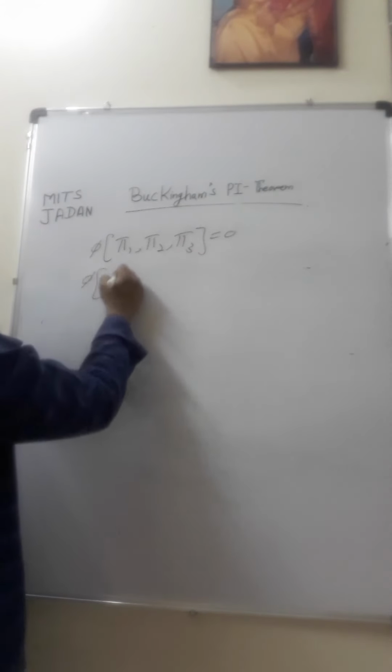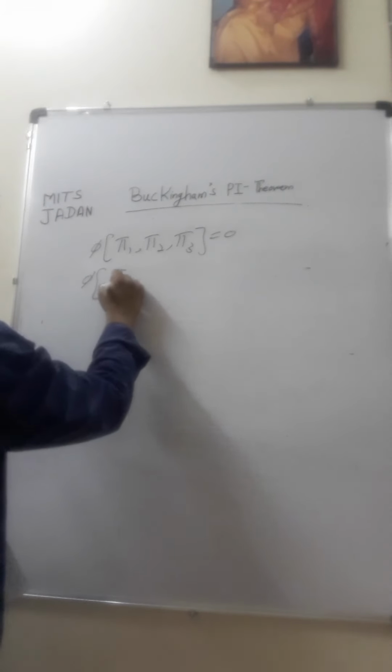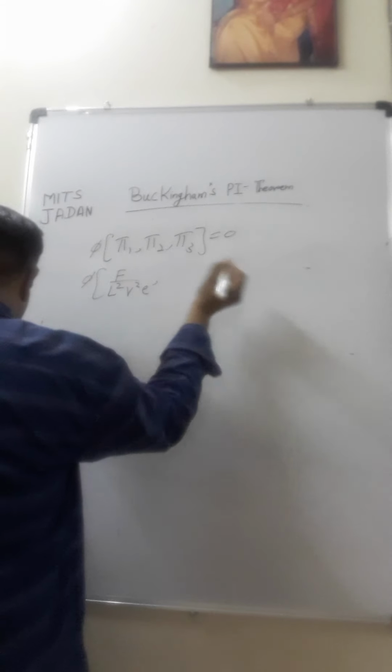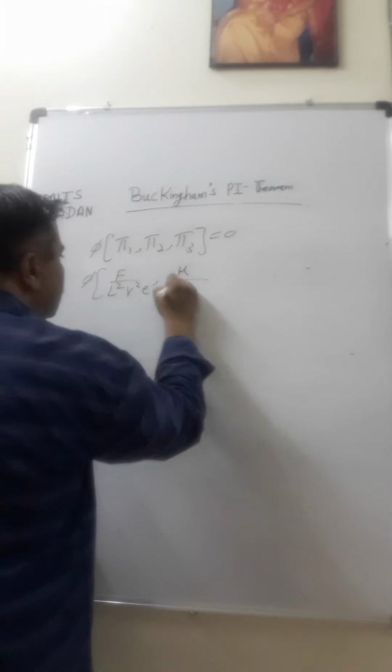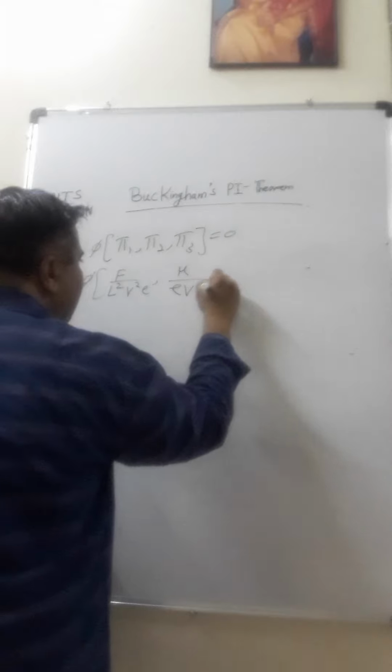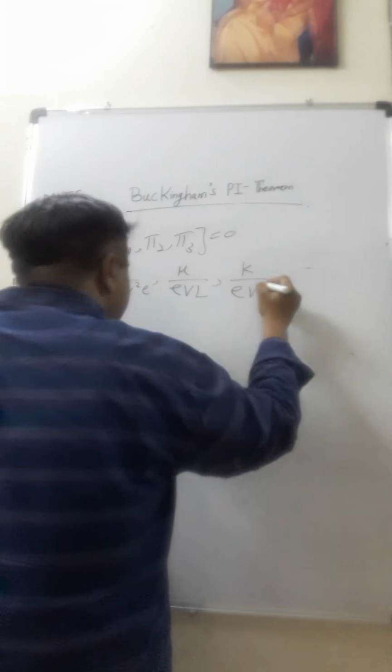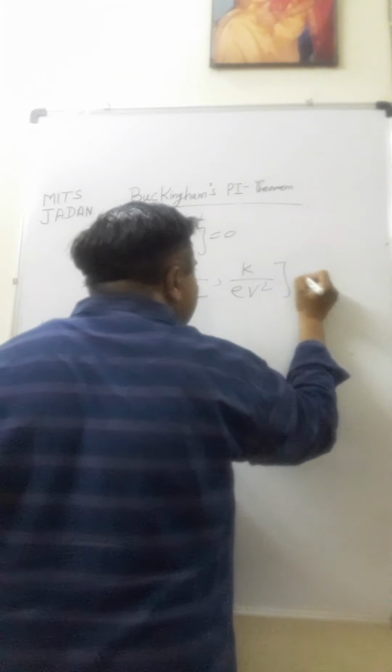This was our equation number 2. So now I am replacing here, it is F upon L square V square rho, comma, mu by rho V L, comma, K upon rho V square, it is equal to 0.